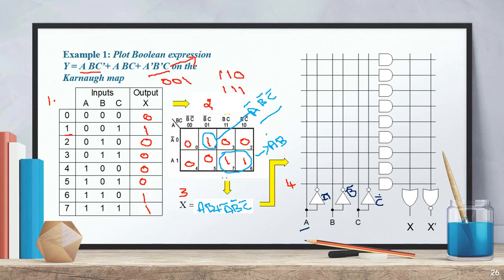And always remember we are doing SOP. So in this case we require the first product. For a product we have to use an AND gate. So for the first portion all these we are using AND gates. Then we are summing them using an OR gate. Always remember in SOP each individual term is AND, then it is OR. So the structure is the same as I showed here.